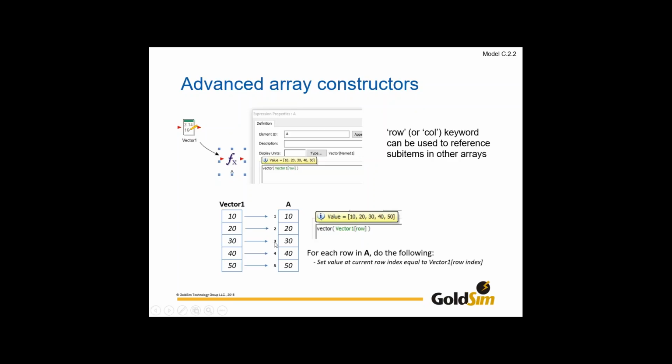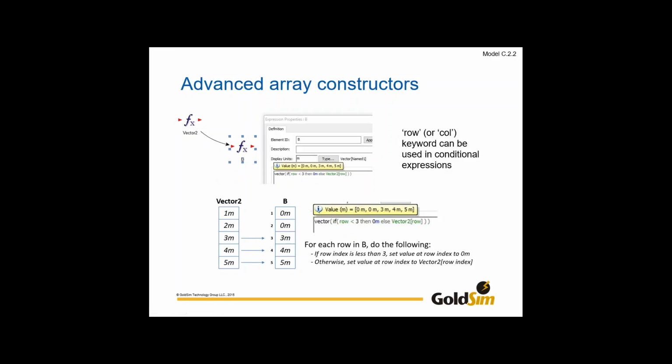At row 3, row has a value of 3, so what it does is it pulls the third item out of vector 1 and loads it in to vector A. Well, this is of limited value because we could have, without the vector constructor, just directly referenced vector 1 and it would have accomplished the same thing.